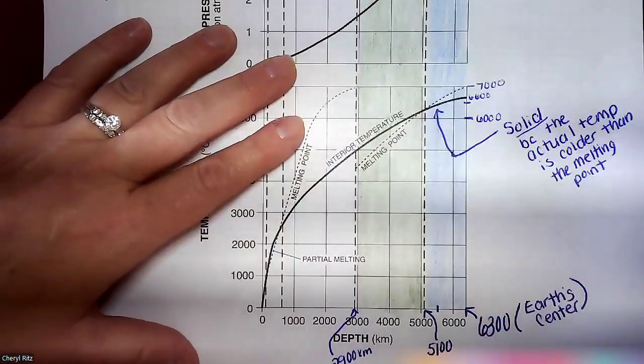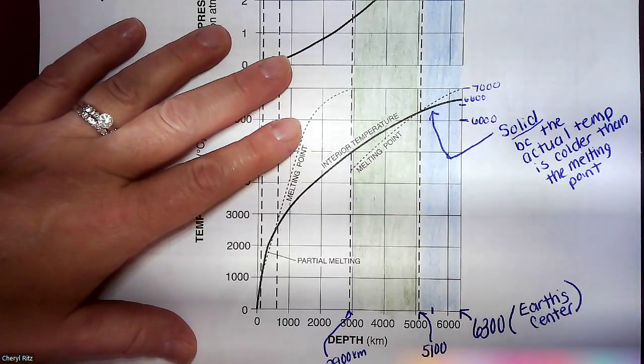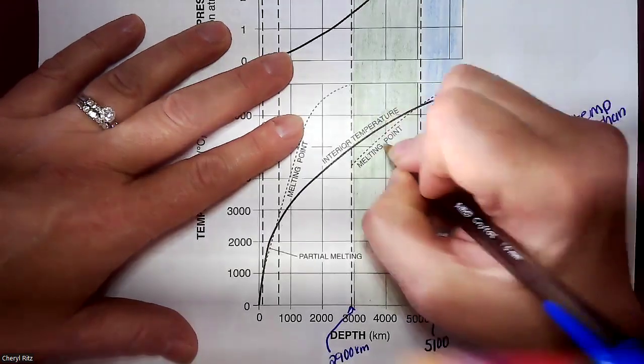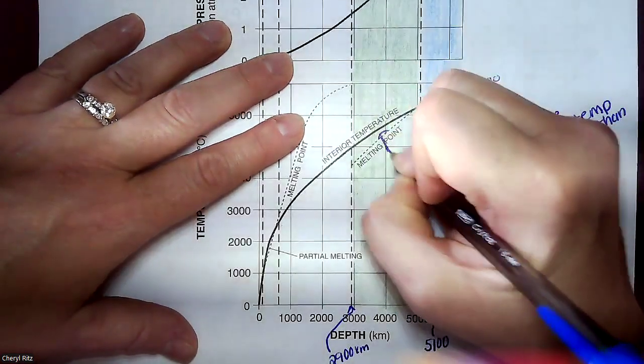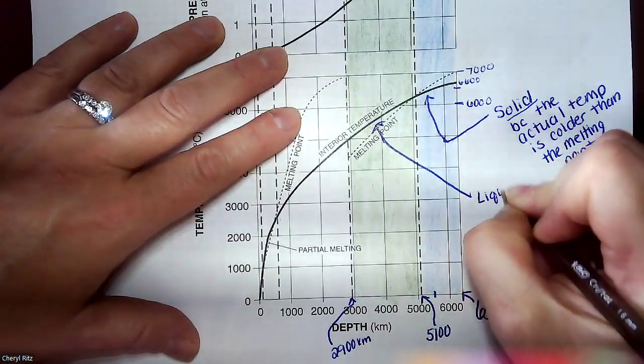Now take a look at the temperature and the melting point of this section. The outer core, is it going to be a solid or a liquid? Mostly a liquid. I like how you said that. So again, I'm going to bring an arrow to describe that this area is liquid.